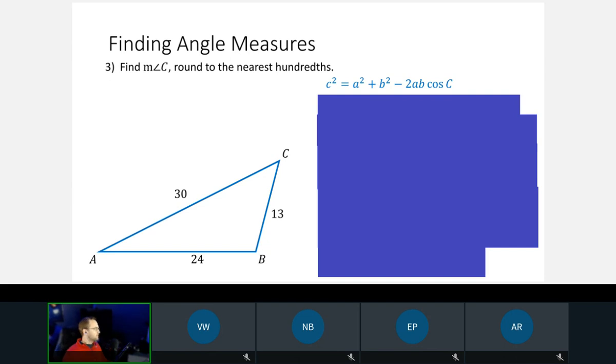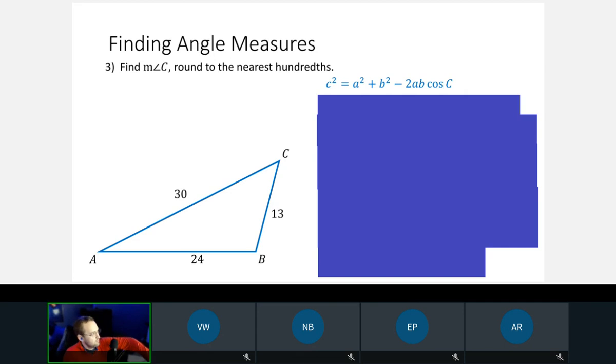All right. So now with this one, we're trying to find the angle, not the side. So I have the triangle labeled A, B, and C, and we want to find the measure of angle C. So I'm going to circle the angle we're trying to find.